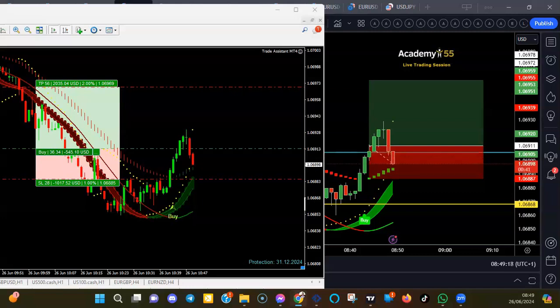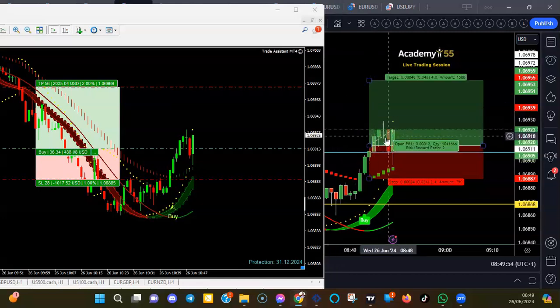As you can see, it's come out to take that imbalance on the previous candle now.